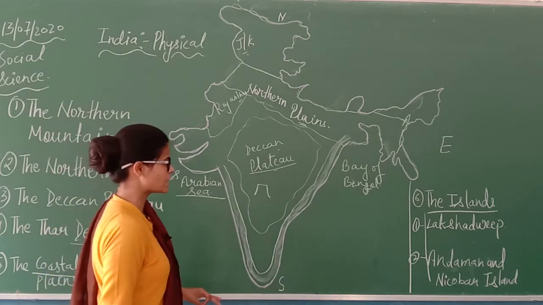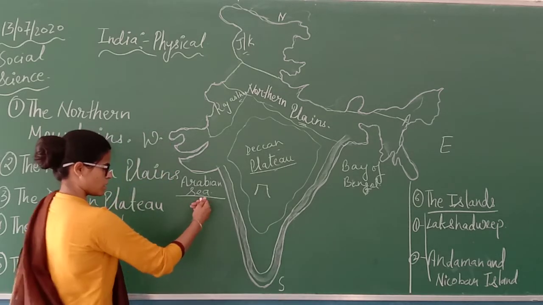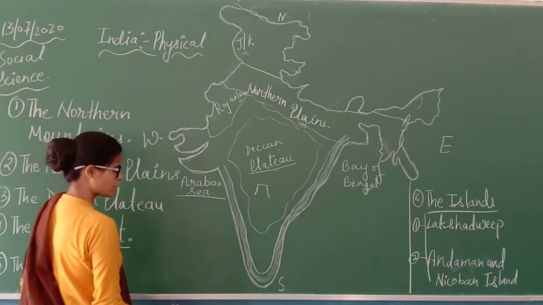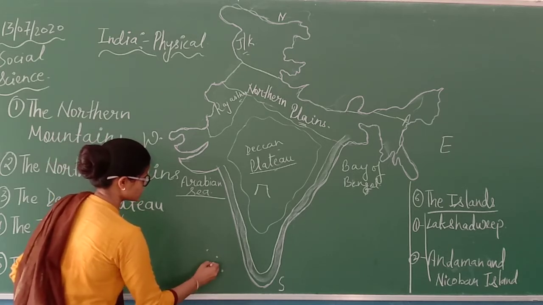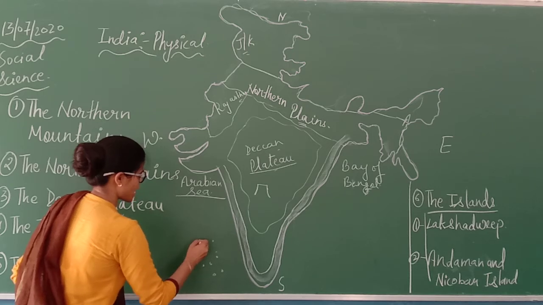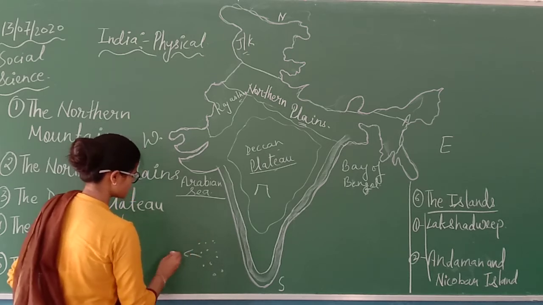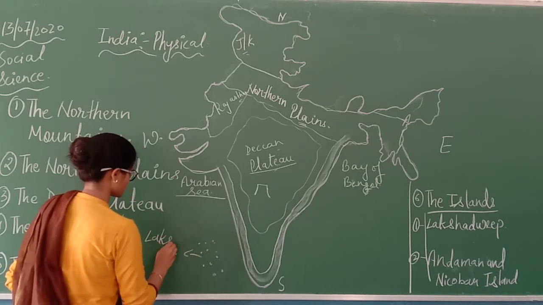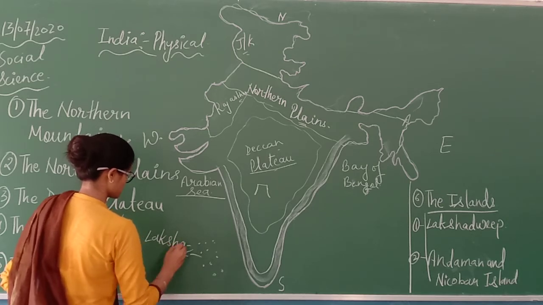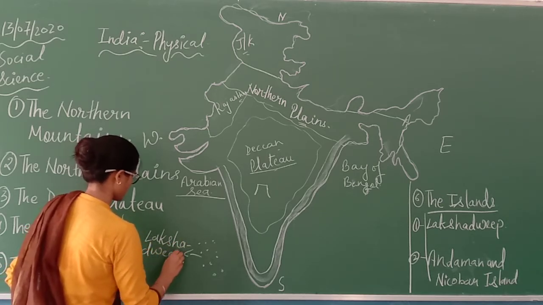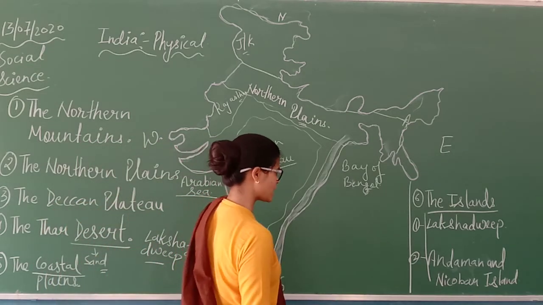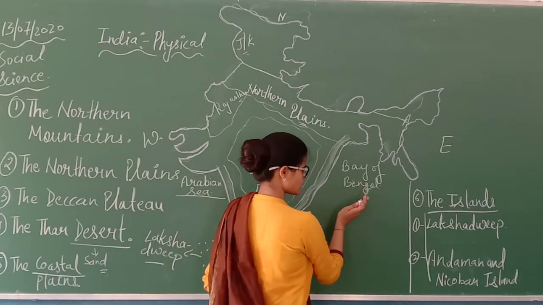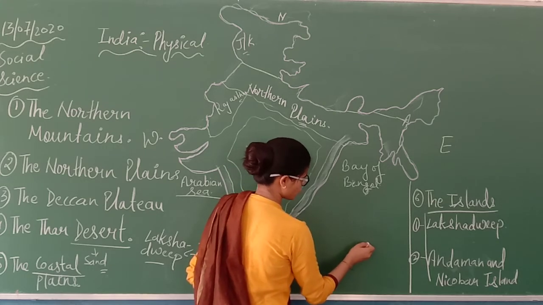So Lakshadweep is located to the south of the Arabian Sea. That means here you will have small land islands, and these islands are Lakshadweep. And then we have Andaman and Nicobar Island, and it is located below the Bay of Bengal.